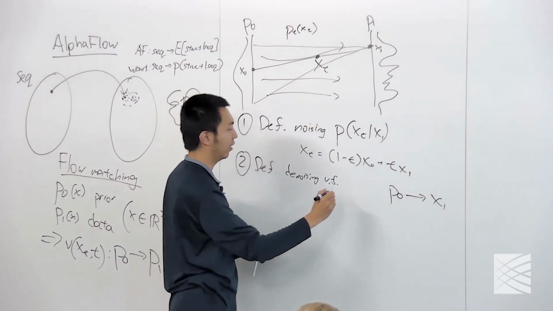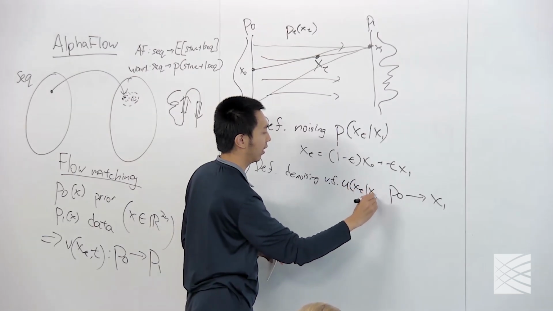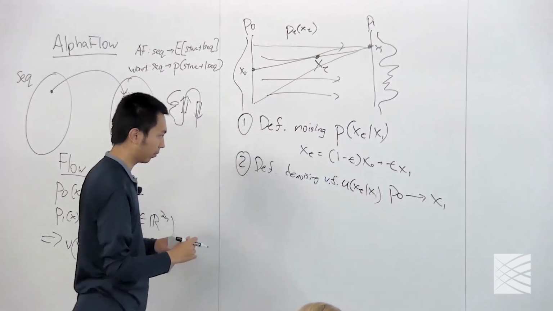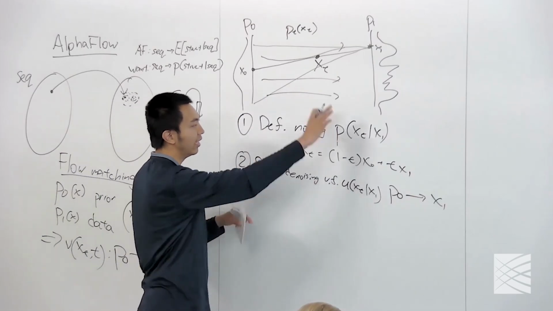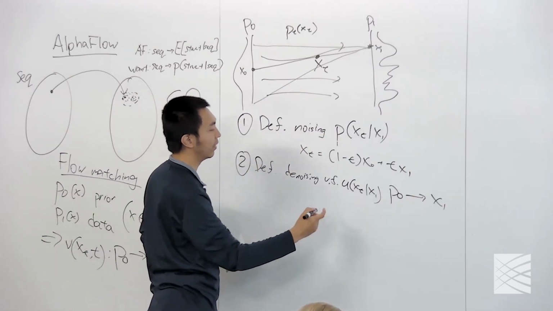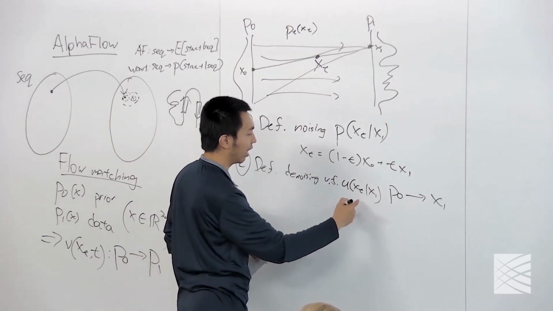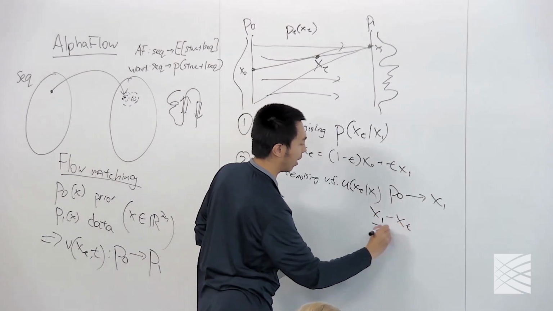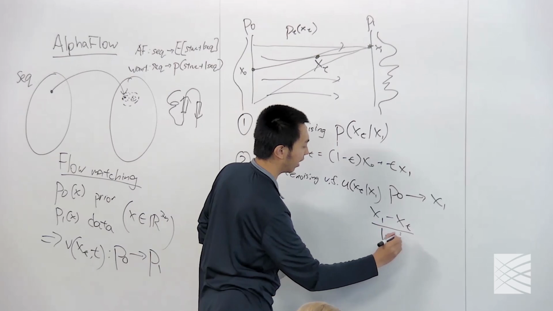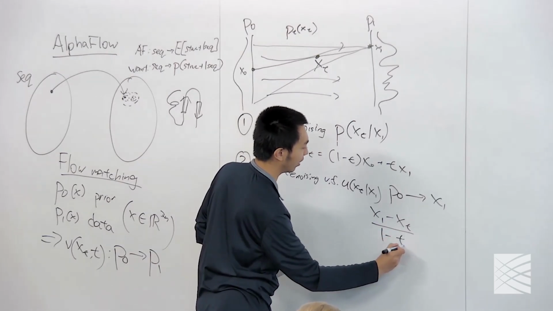And we're going to call this denoising vector field u of xt given x1. Now, in this linear interpolation example, this is also very easy to define. This is just the vector field that says, whatever point I'm currently at, the direction that I should go is in the direction of x1. And I'm going to do so at a rate that allows me to get to x1 in the remaining time, which is 1 minus t.